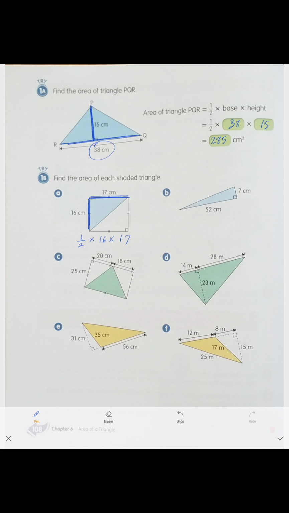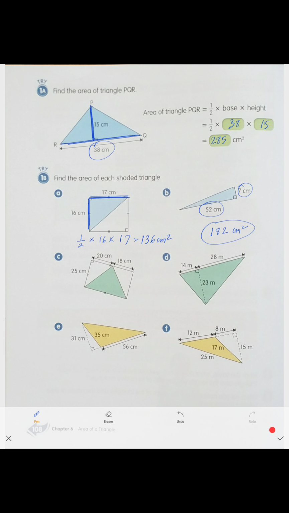You should get the answer of 136 square centimeters, right? All right, same thing here. Multiply two sides, divide by 2. The answer is 182 square centimeters. Okay, C.